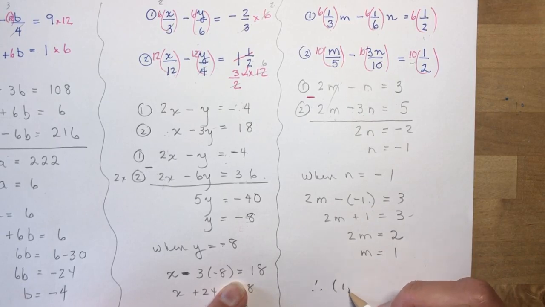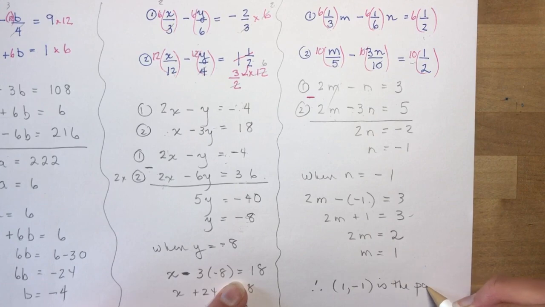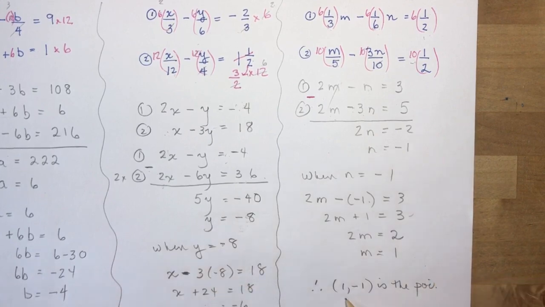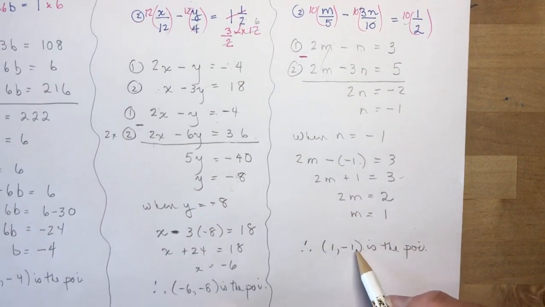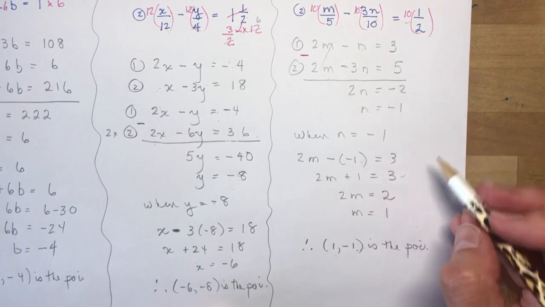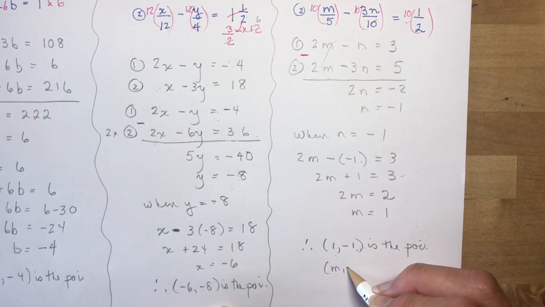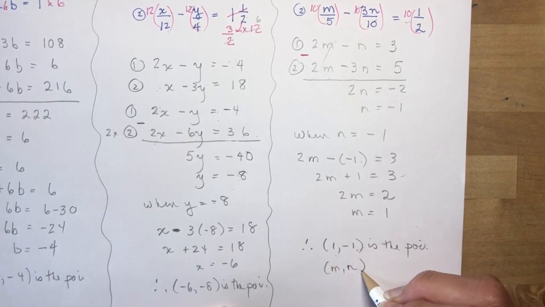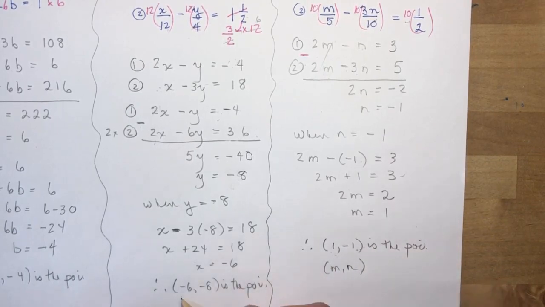And there we go. 1, minus 1 is the point of intersection. Now don't forget to put them in the right order when you state your concluding statement here. M comes before n, so the set is m, n, right? The solution is m, then n, and x and y, and a and b, okay?